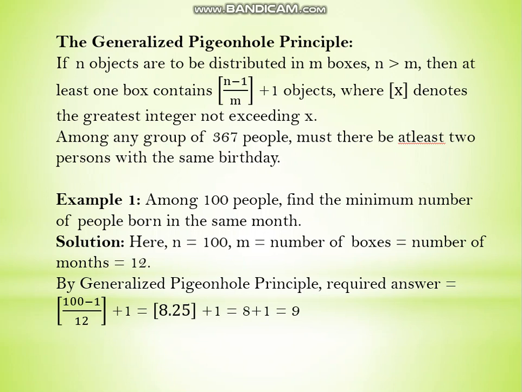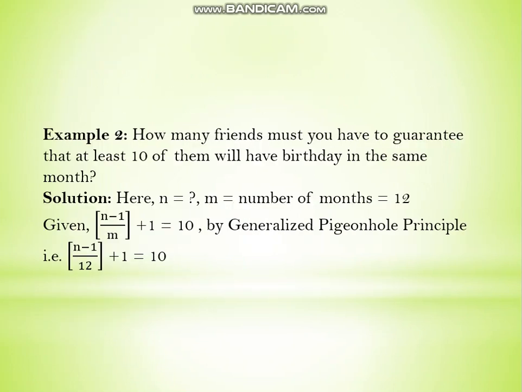Let us see the next example. How many friends must you have to guarantee that at least 10 of them will have a birthday in the same month? So just think about n and m. n is the number of friends which we have to find, and m is the number of months, which is 12.